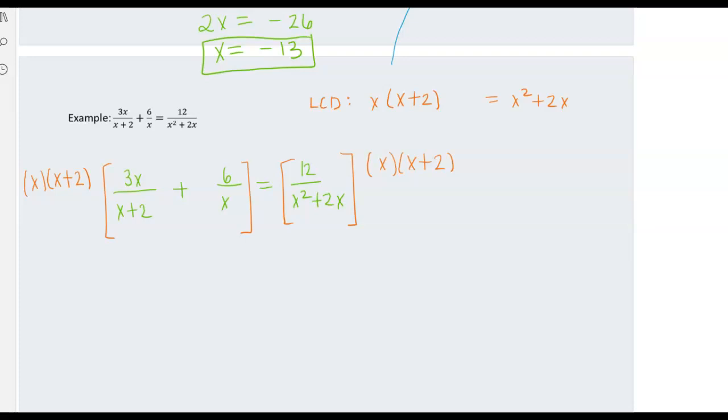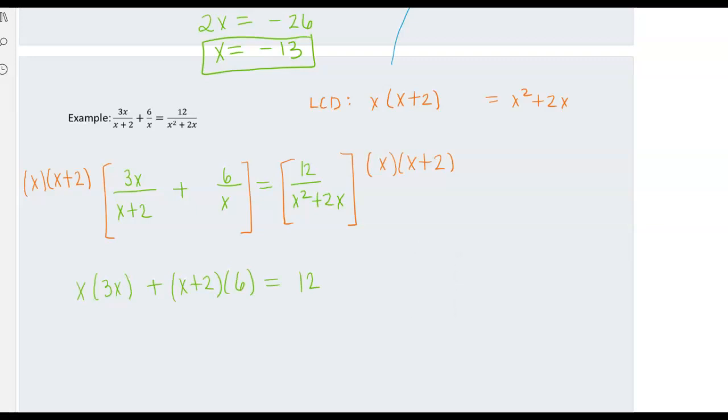For the first fraction, the x plus 2's will cancel, and we have x multiplied by 3x. For the second fraction, the x's will cancel, and we'll have x plus 2 multiplied by 6. On the right-hand side, the whole denominator is going to cancel with everything, and we'll just have 12.